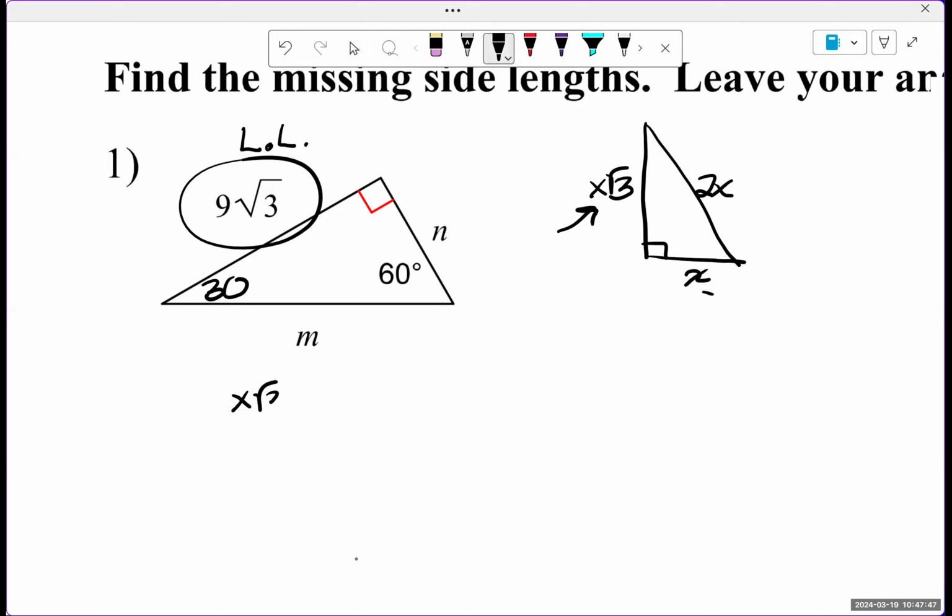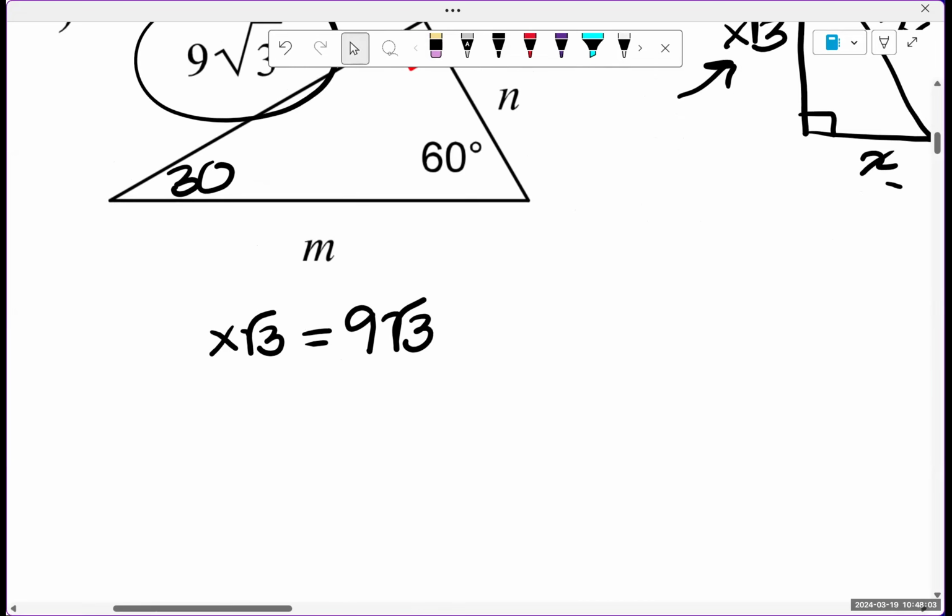X rad 3 is equal to 9 rad 3. Yeah, Zoomers, does everyone see that? I match up corresponding parts, long leg with long leg. Now we need to solve this equation. Okay, in order to isolate the variable, what is my next step?